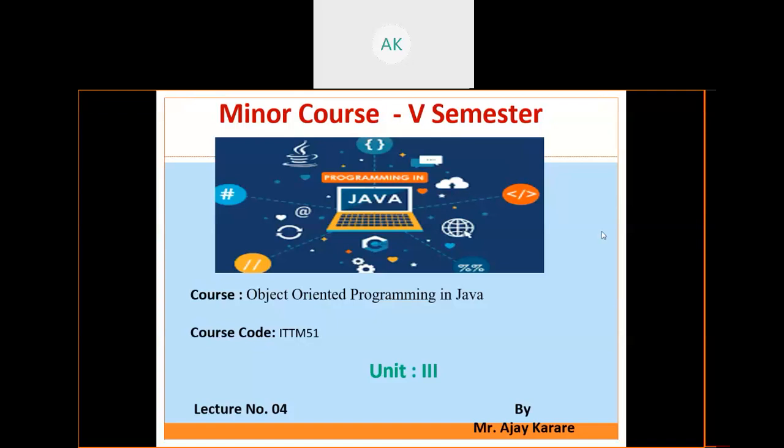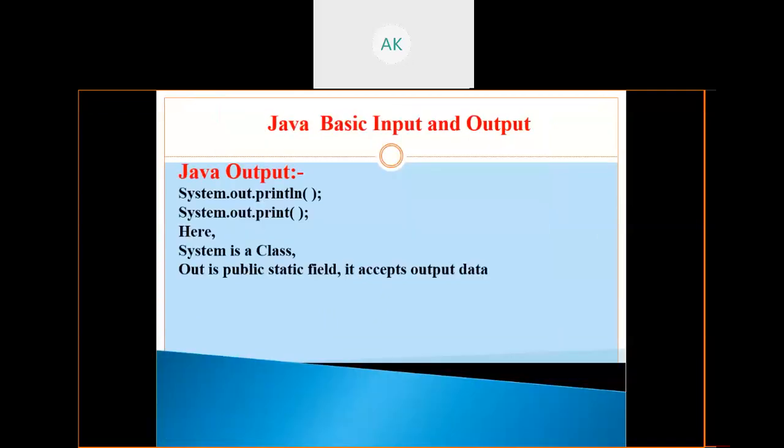The standard input and output functions we have in C programming are printf and scanf. So which are the different standard input output functions we have in Java? When I'm talking about the standard output function in Java, we basically have three different output functions.